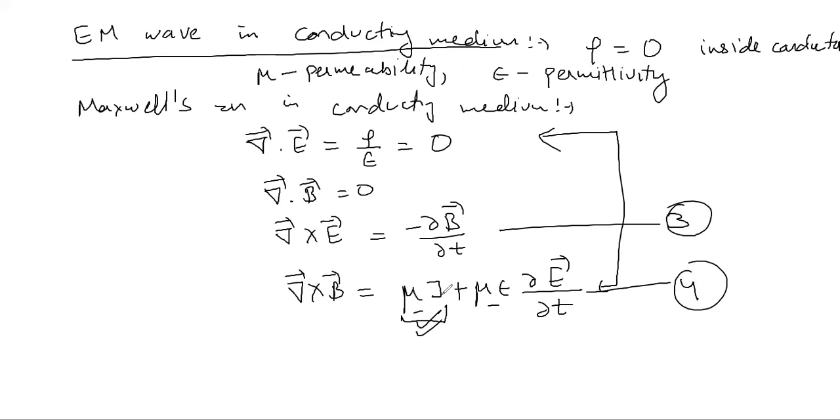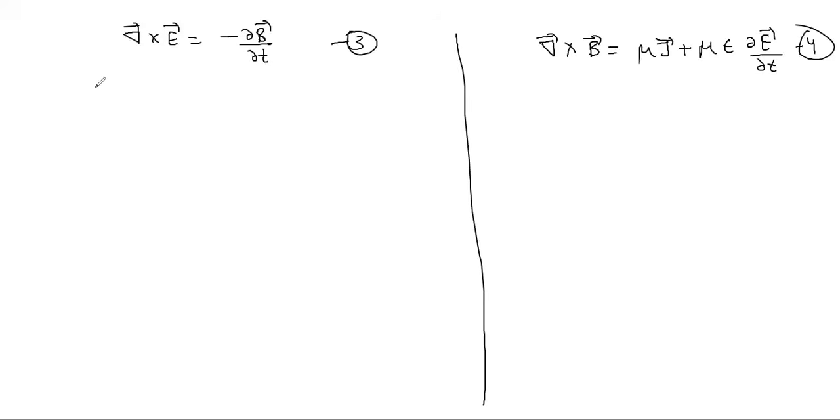Even though the charges inside the conductor are 0, the current density is going to be a finite number here. So this is the difference in Maxwell's equations in free space and the conducting medium, that you have this term retained when you are talking about the conducting medium. Coming back to equation 3 and equation 4, take the curl of the equations.